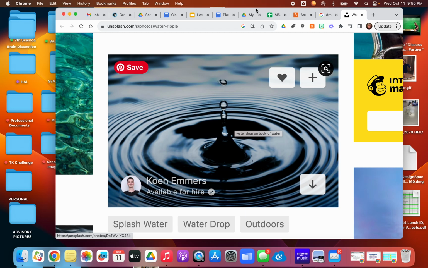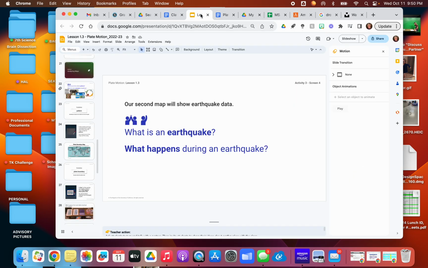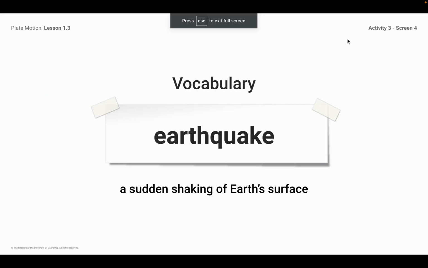And it's really the same kind of thing with an earthquake. So this is what it is. Let's learn a little bit more about it. The definition of earthquake is a sudden shaking of Earth's surface.